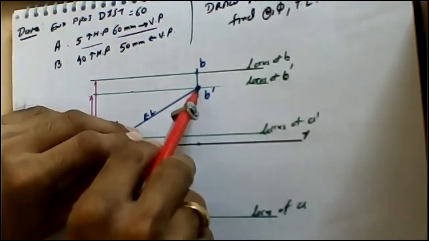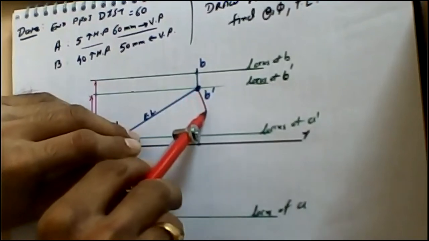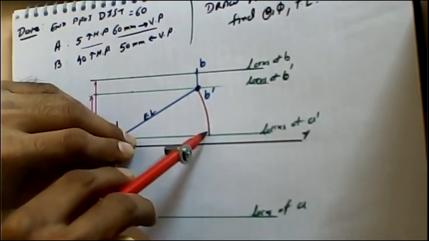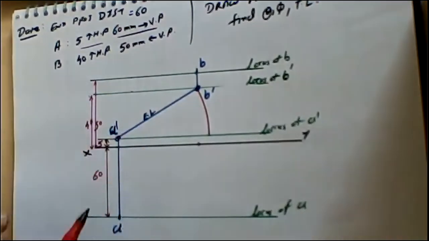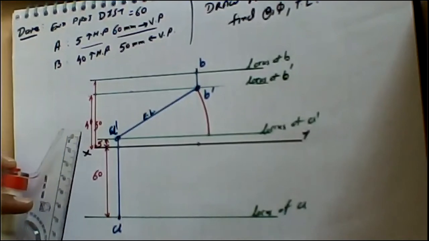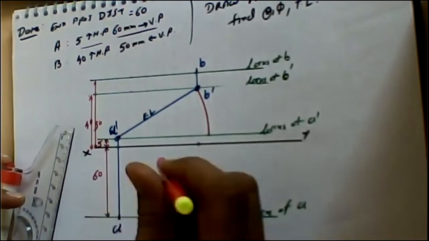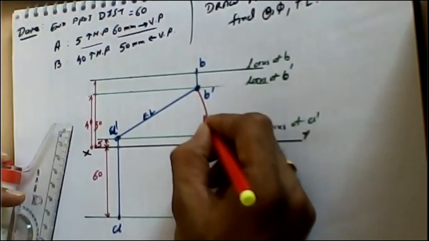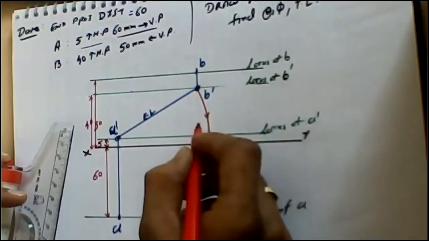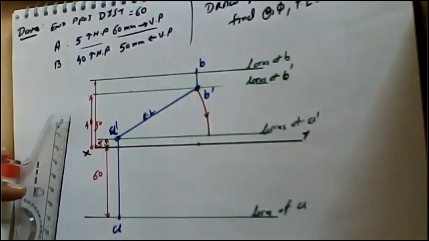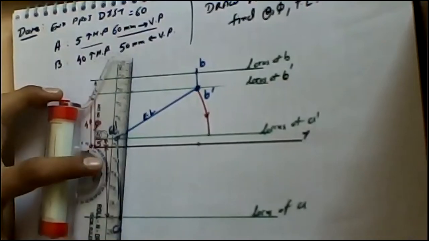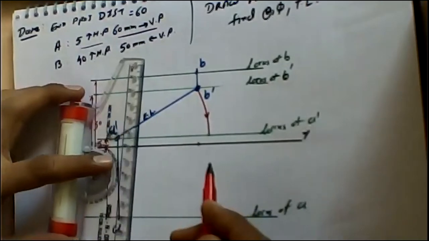So from B in elevation to A in elevation, which is locus of A dash, I need to draw an arc, and then we have to transfer the projections with the help of a straight line. So right now our position is this, which is A in elevation, and straight line is going to be drafted from A in elevation to B in plan.